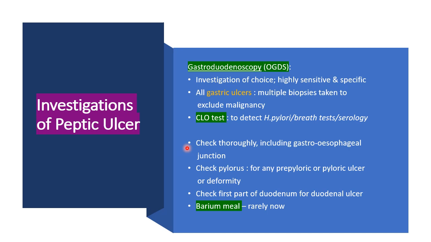It is really important to check through carefully, especially the gastroesophageal junction, the pylorus for deformity, obstruction, narrowing, and also the first part of the duodenum. Barium meal, which used to be a very common main investigation some years back to diagnose peptic ulcer, is rarely required these days because of OGDS.